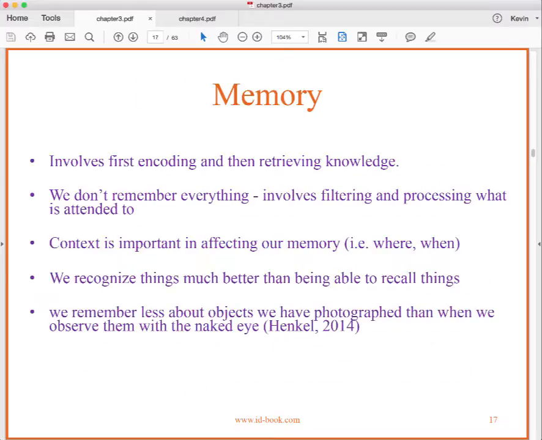Another aspect of cognition that we want to discuss is memory. Memory involves first encoding the knowledge and then retrieving it. We don't remember everything. It involves filtering and processing what is attended to. Of course, there is talk about people who have unusual memories, who can recall basically everything that happened on a given day.